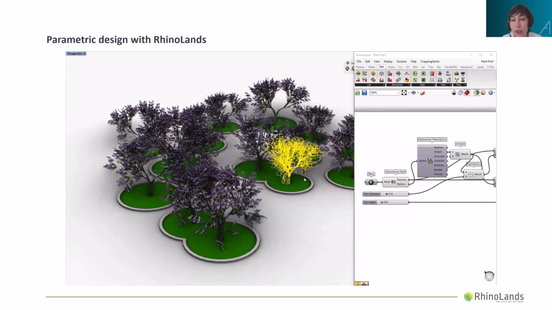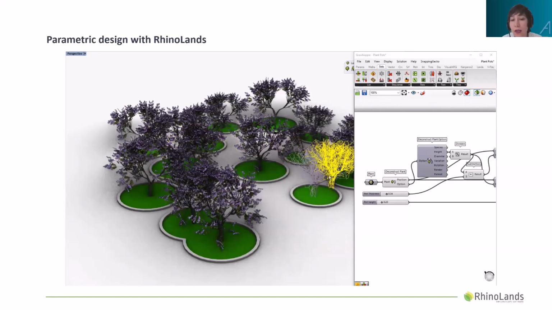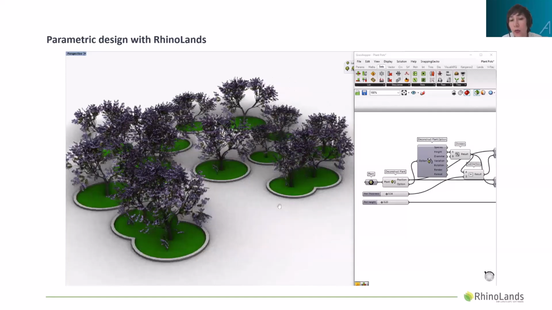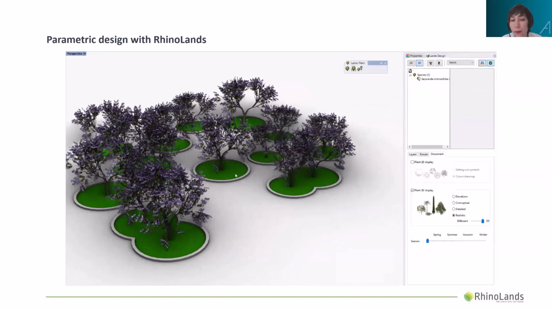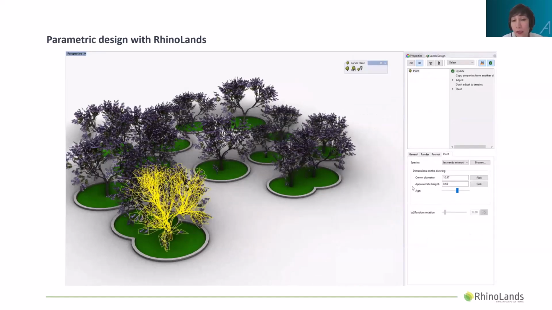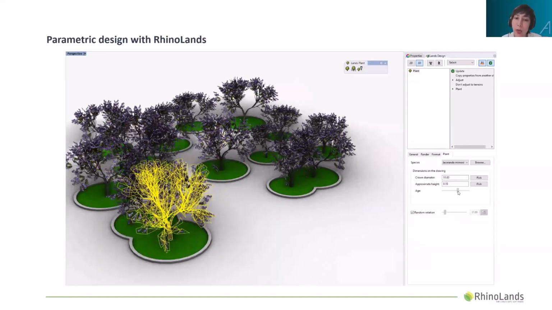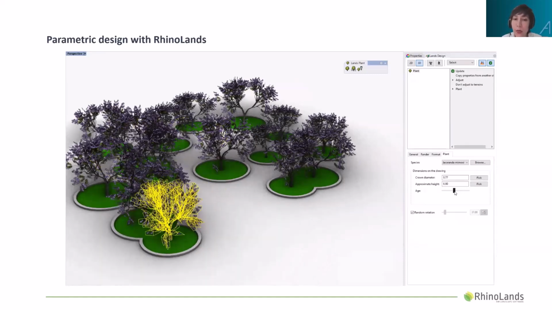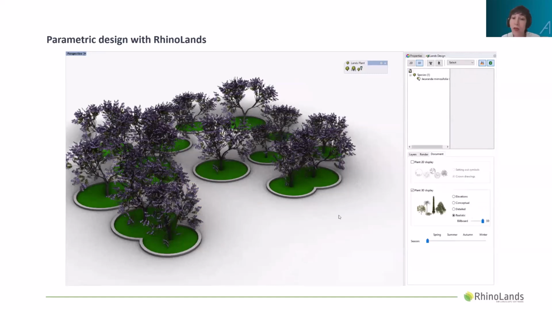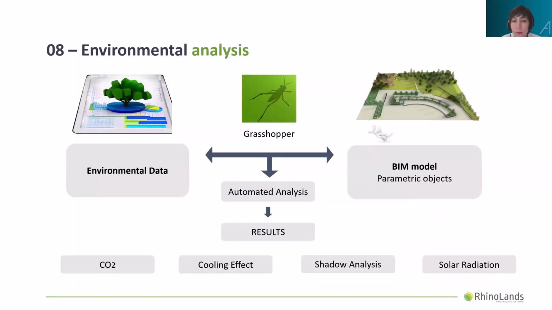By moving plant species, since they are linked with plants, the plant pots are also moving. This is a simple example, but we can imagine that there are unlimited possibilities of applying parametric design tools, and in the case of RhinoLands, Grasshopper, to generate and to automate our design steps.